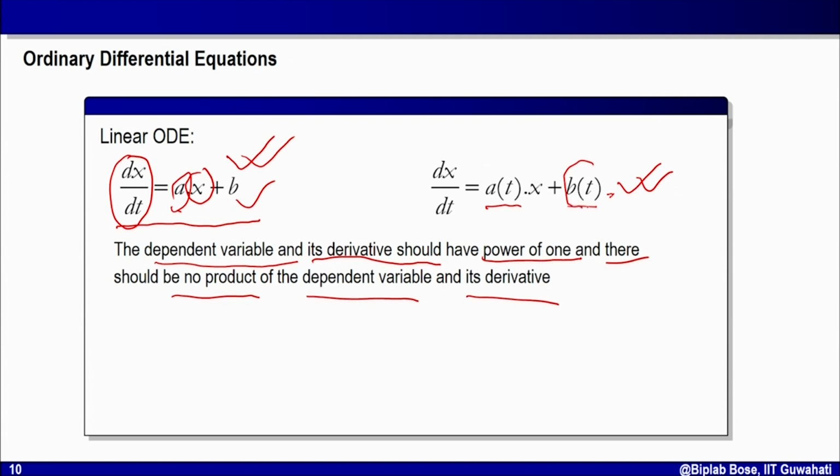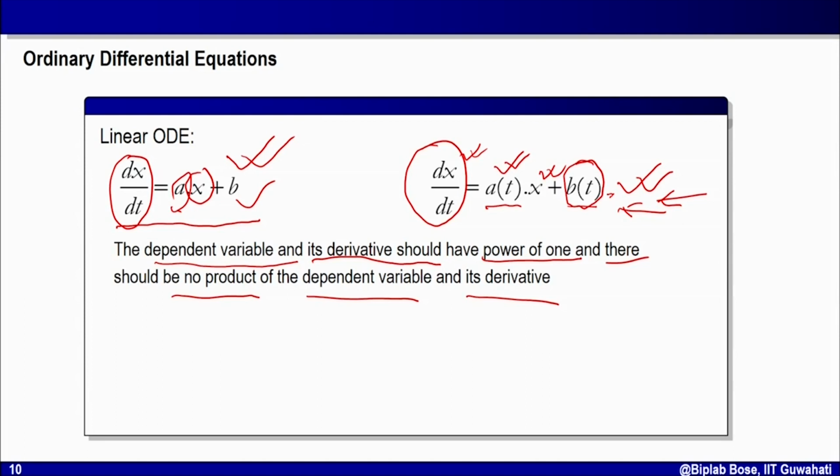So b depends upon t, and A also depends upon t and changes with time. But in this particular equation, we have only the derivative of x, and no product of dx dt and x, and the power of x is maximum 1 and the power of dx dt is also 1. So this equation is also a linear ODE.